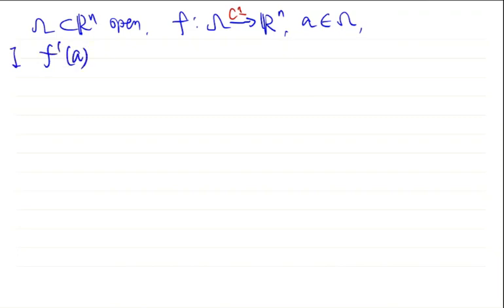So this derivative is an n by n matrix. If this matrix is invertible, the linearization is a very good approximation. The derivative is a very good approximation of our nonlinear map.